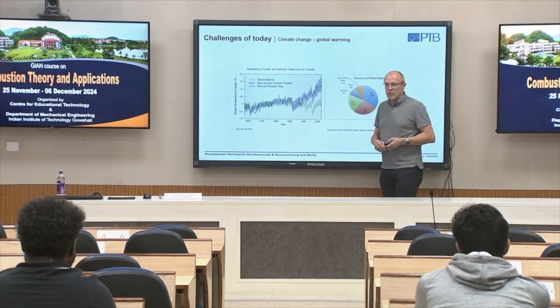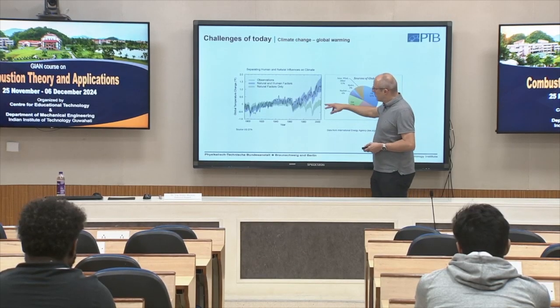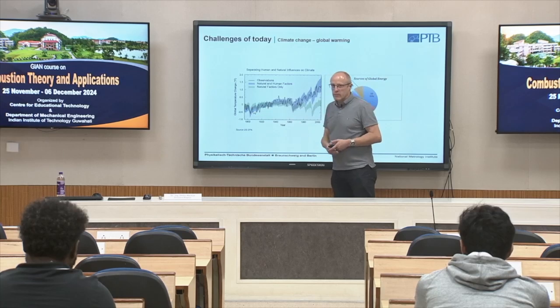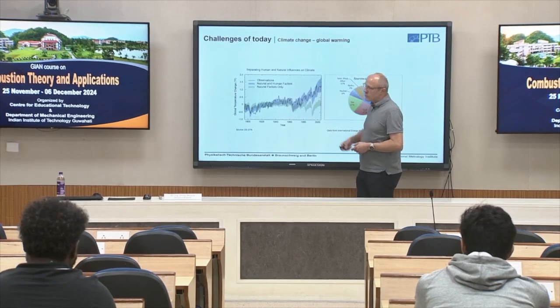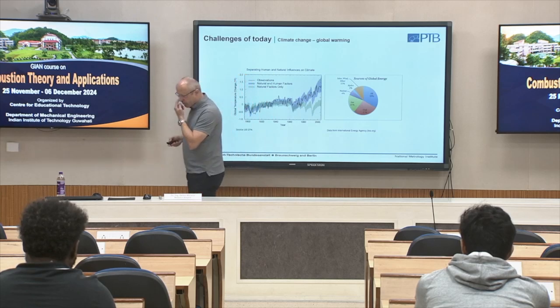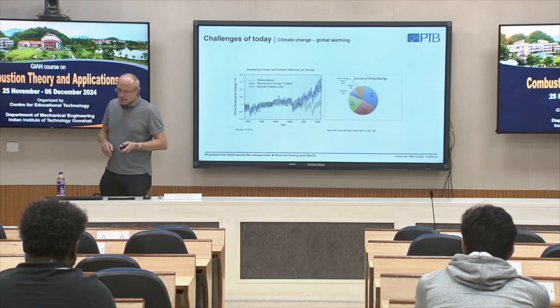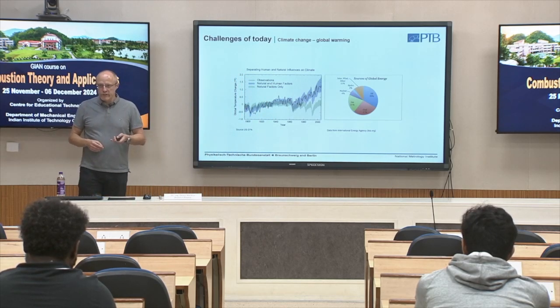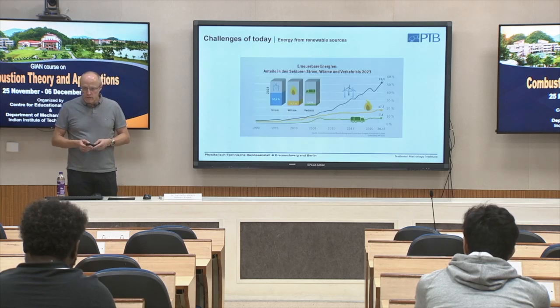If we would focus only on the natural factors, we should still have nearly the same temperature as in 1900. So it's man-made, what we see here, and this is of course due to gases with global warming potential like carbon dioxide.